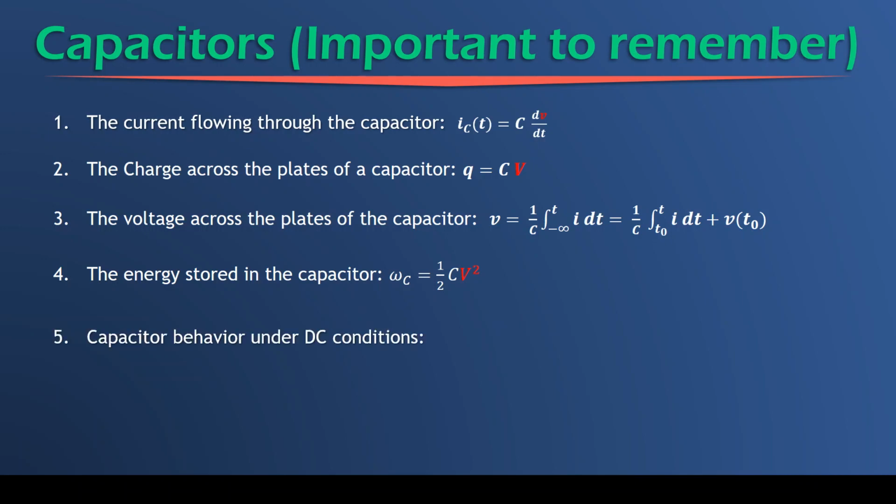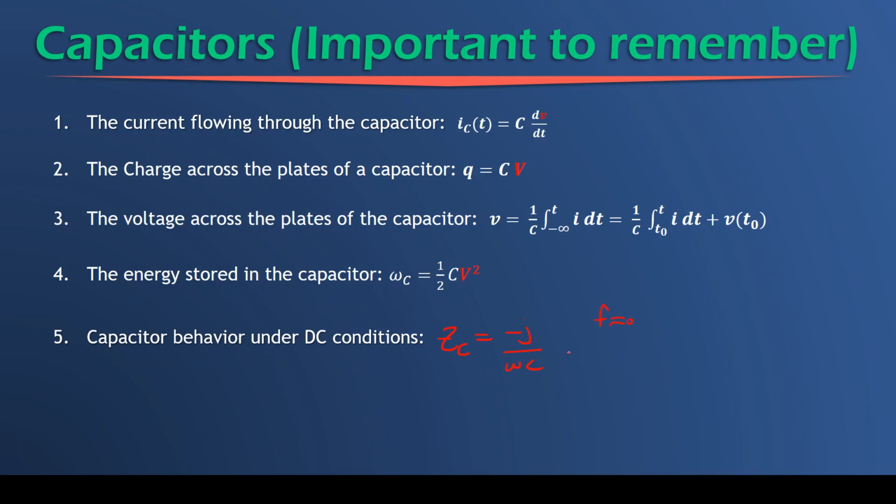Number 5, the behavior of the capacitor under DC conditions. So how do you deal with a capacitor under DC conditions? For us to know this, first we need to determine what the resistance of a capacitor would be, or rather the impedance of the capacitor under these particular conditions. So what is the typical equation for the impedance of a capacitor? That would be given by minus j over omega C. Now, DC conditions would imply that the frequency tends to 0.